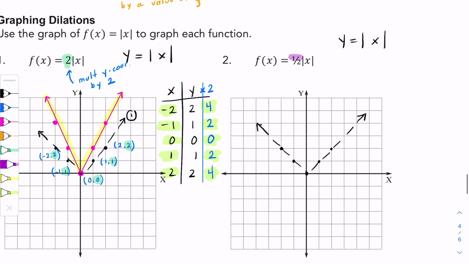You have to recognize that you have an a value of 1/2. That indicates that you need to multiply the y coordinates by 1/2, or divide by 2. Same thing, multiply by 1/2 or divide by 2.